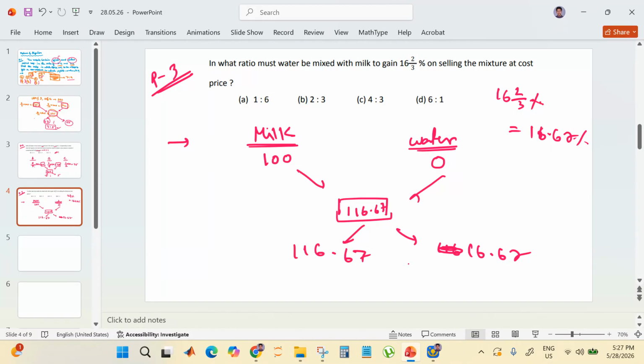So if we take the ratio, 116.67 we can consider as 16 whole 2 by 3 means what? Just consider it will be 1 by 6. Remember, in the percentage chapter I told you that you have to remember a few percentages directly as ratios.